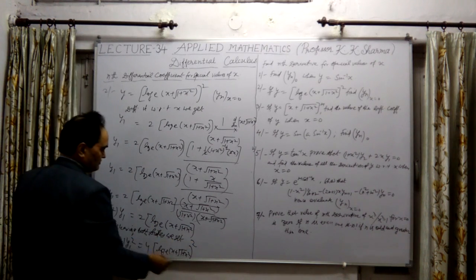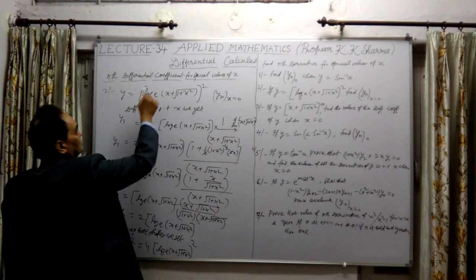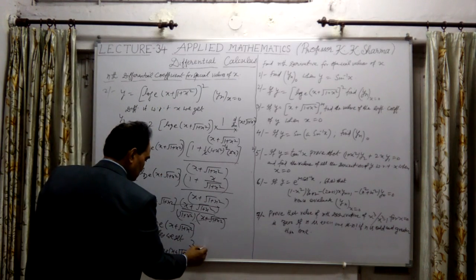Now this whole square, log of x plus whole square is y. So I can write it as 4 into y.